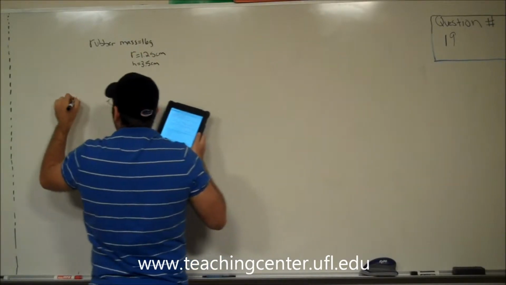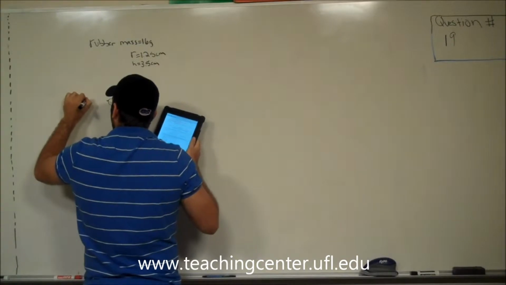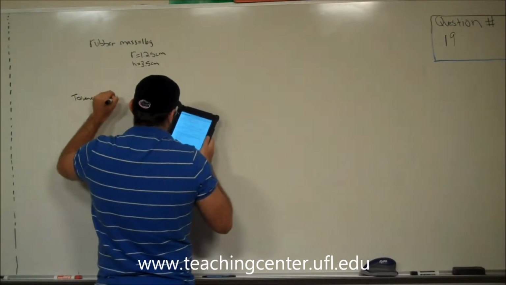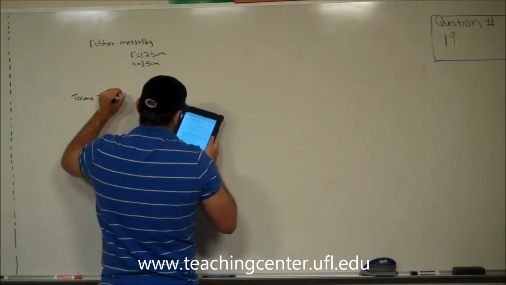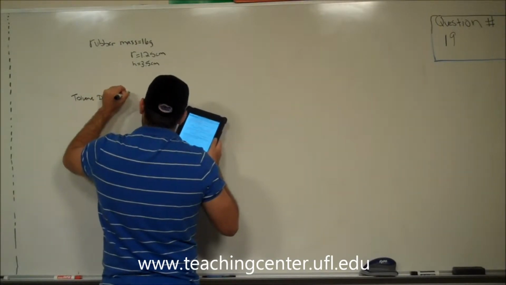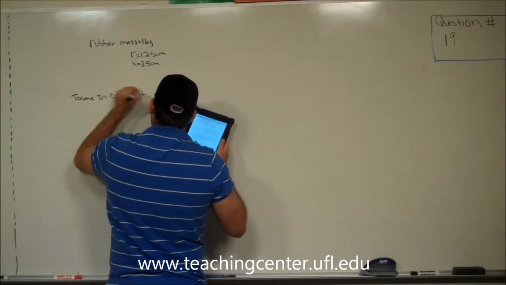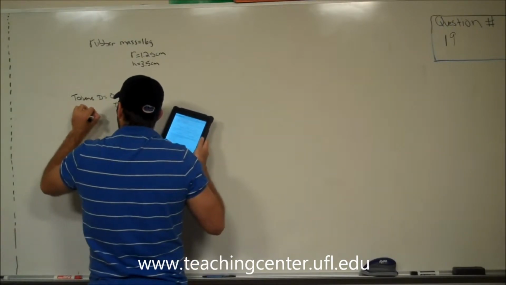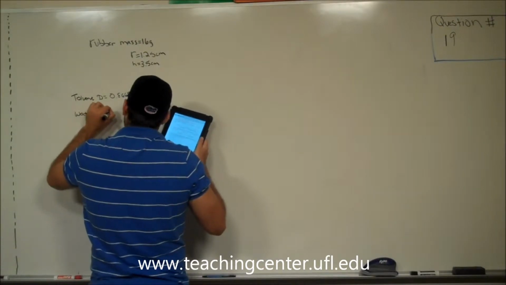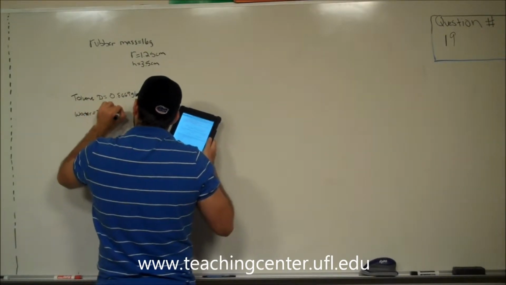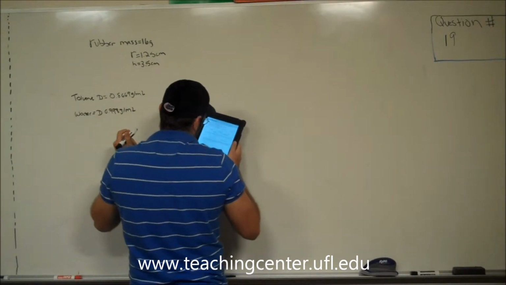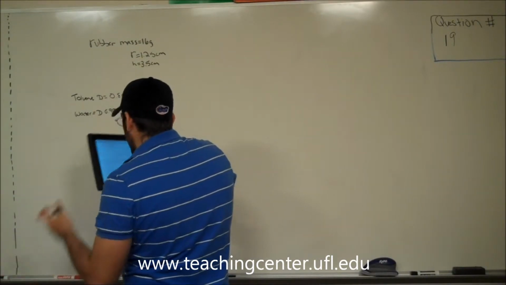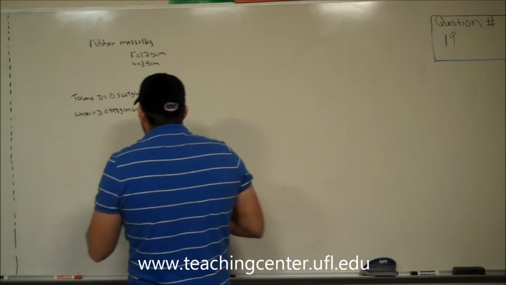It says toluene, which is an organic compound, has a density of 0.8669 grams per milliliter, and water has a density of 0.998 grams per milliliter. It says, if toluene, water, and the piece of rubber are dropped into a cylinder, what will be the order in the cylinder from bottom to top?